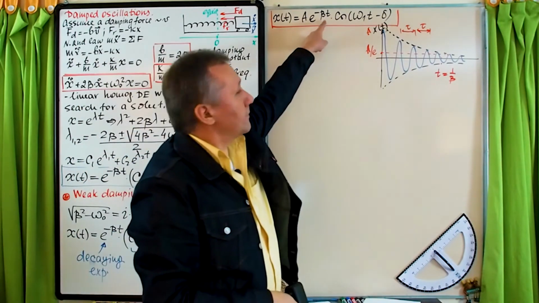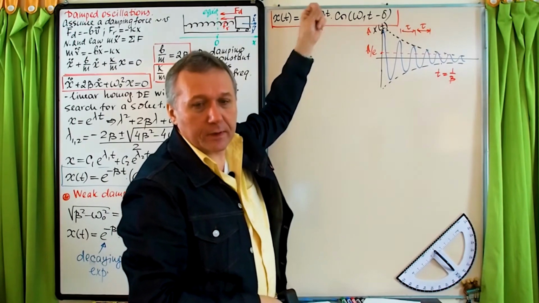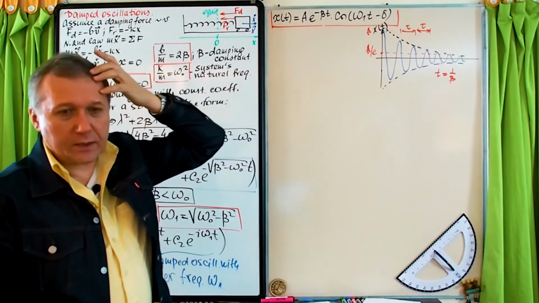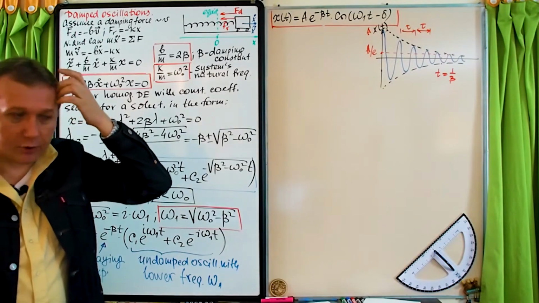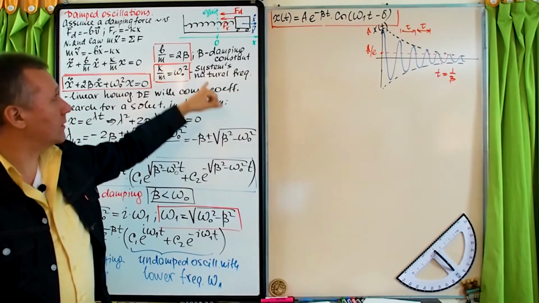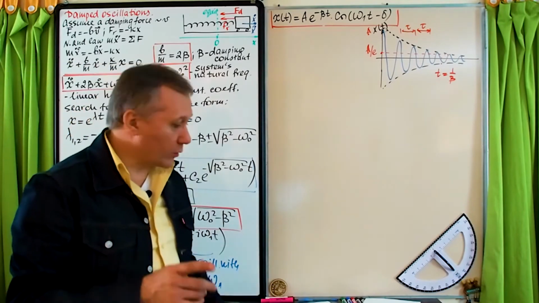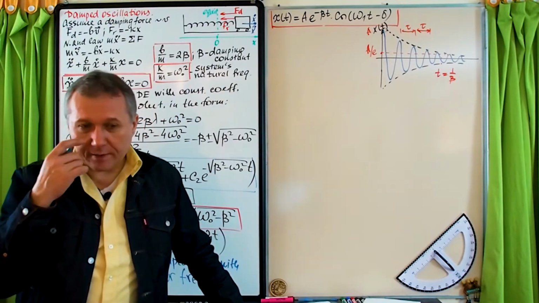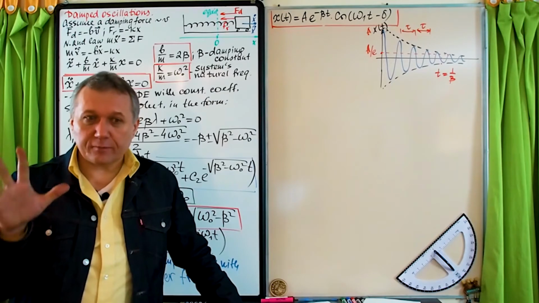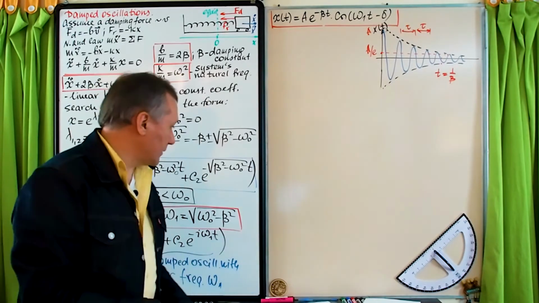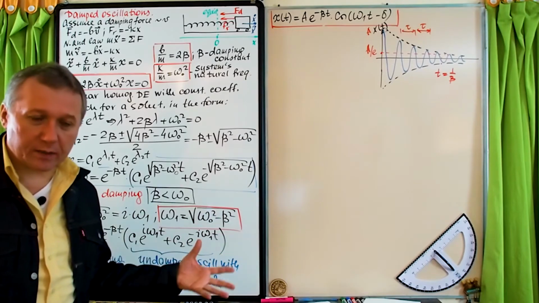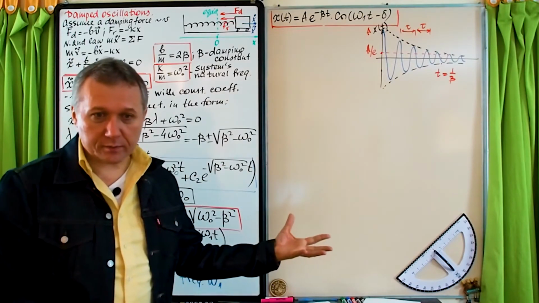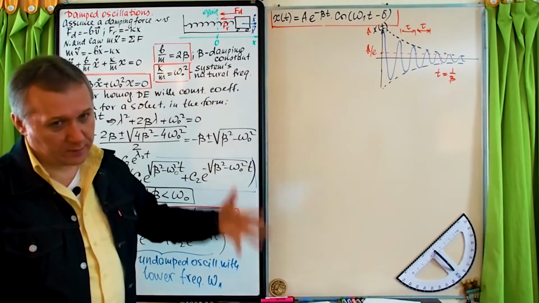It's beta. So in this case the decay parameter is equal to the damping constant. We're going to identify these decay parameters for each case. So for the weak damping case, or underdamping, the decay parameter equals the damping constant, beta.